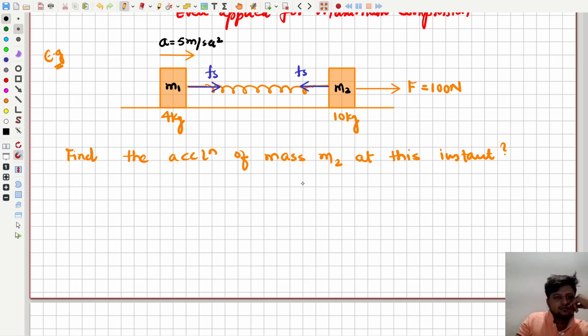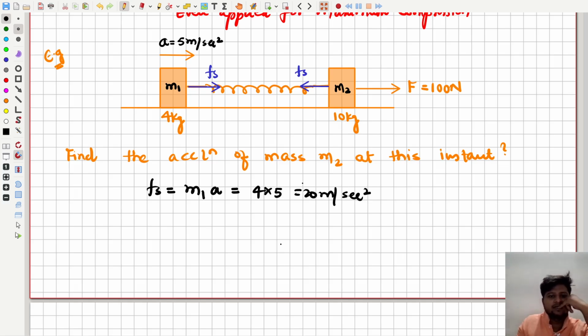So now, I can measure the spring force due to mass m1 at that time: mass m1 into a, and it is 4 into 5. How much is that? 20. Is that clear or not?